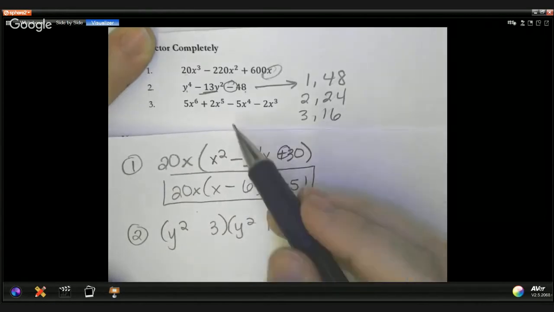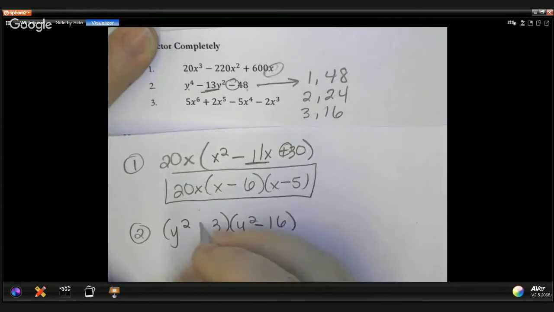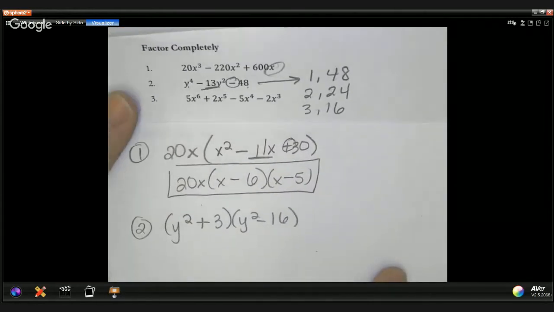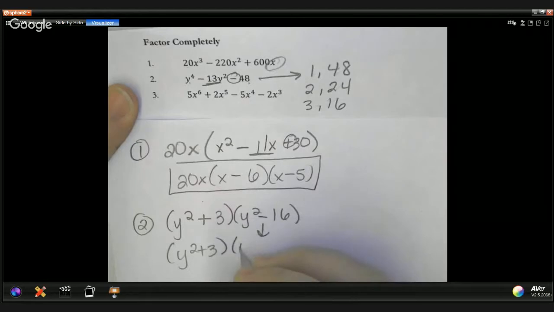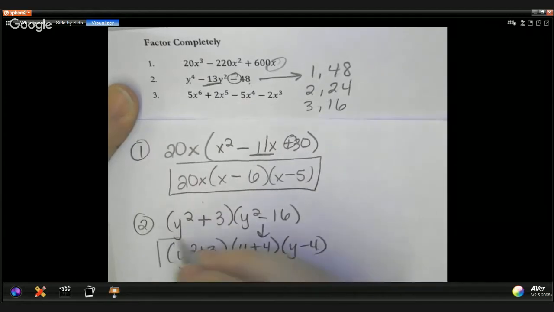And the only way I can get a negative 13 is if I have a negative 16, and then that gives me a positive 3. I can't factor a y squared plus 3, so I'm going to go ahead and write that down again. But I can factor this. This is y plus 4 and y minus 4. And there's the answer.